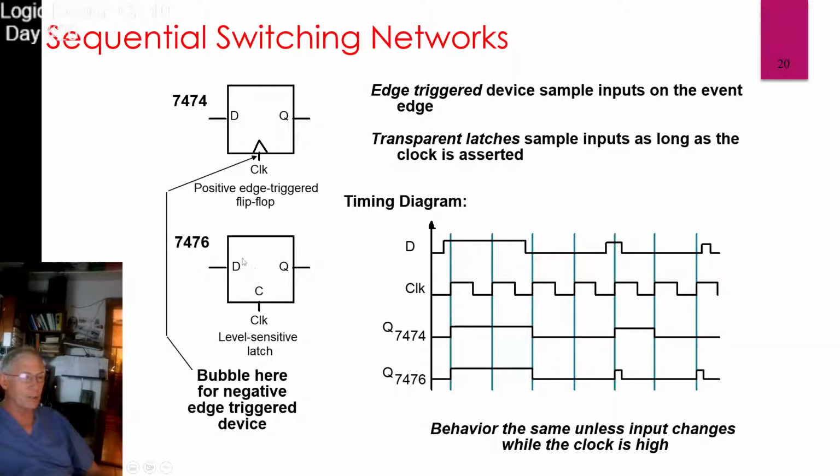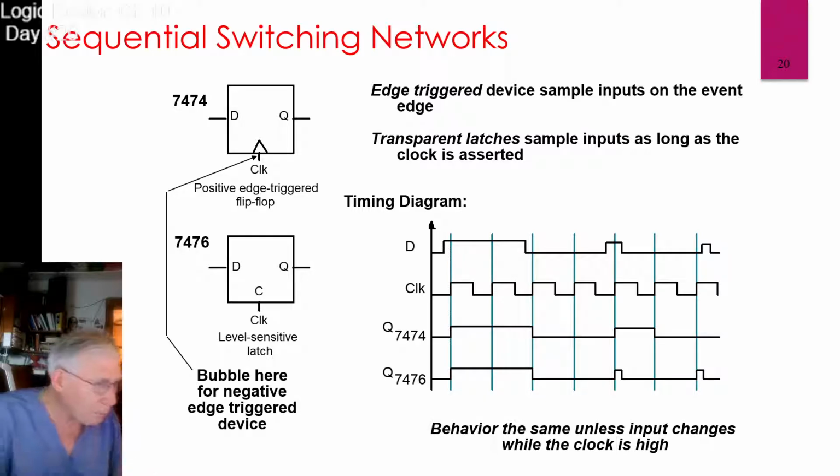Whereas in the 7476, the clock is a level clock. And notice here we have a caret showing that it's an edge clock, and here we don't have that. And if they were, we put a bubble. Notice we put a bubble here if it's a falling edge or a negative edge device. All right.